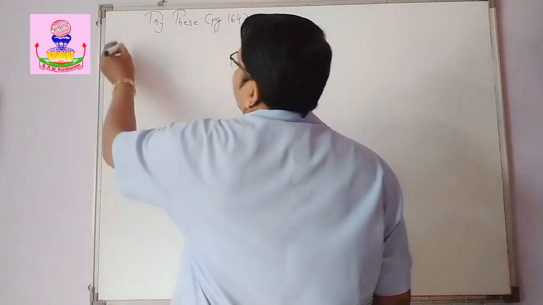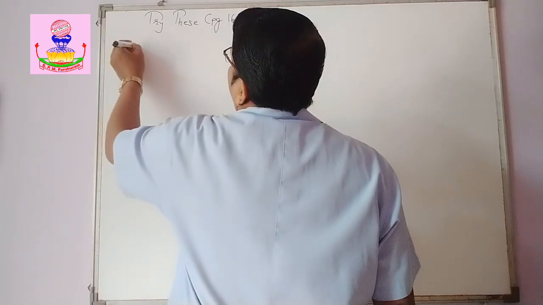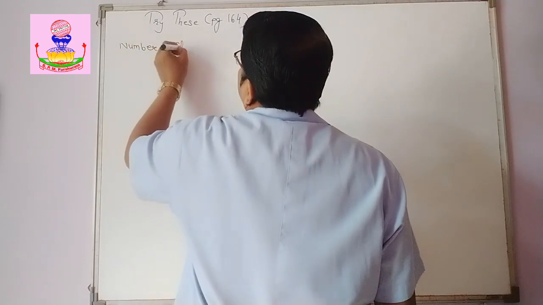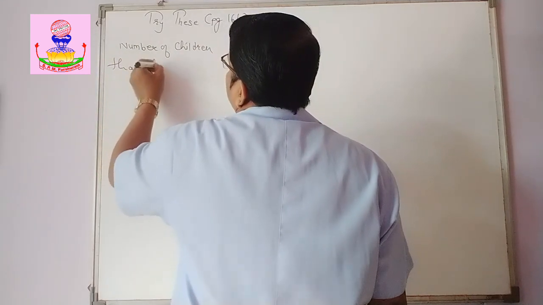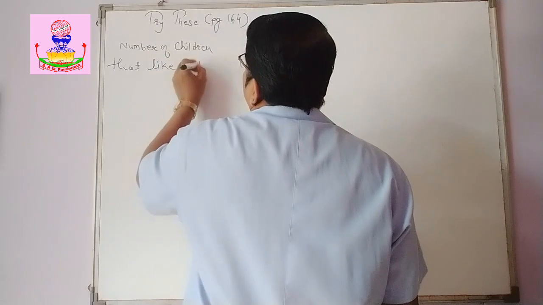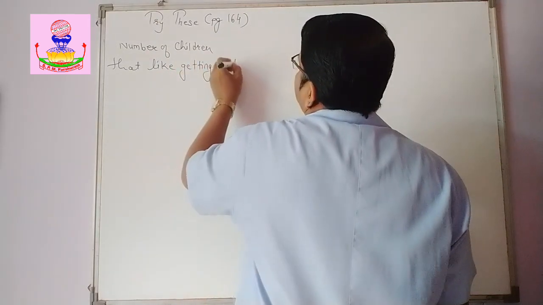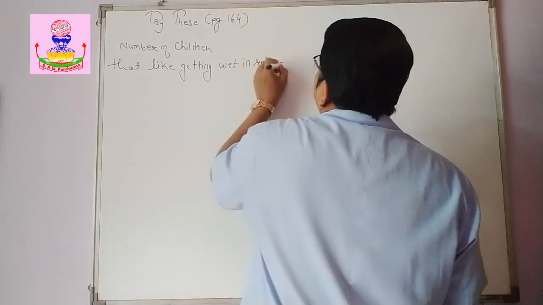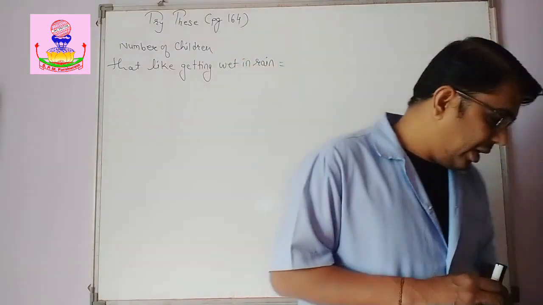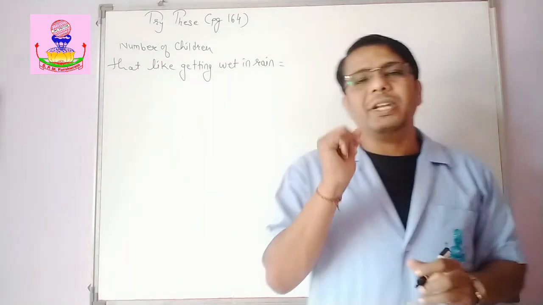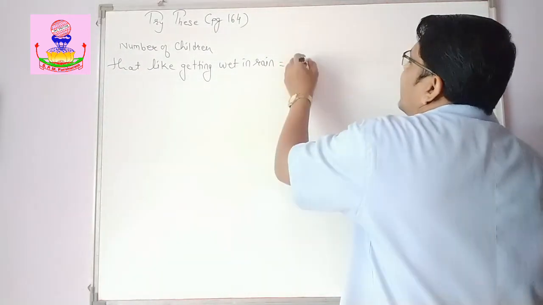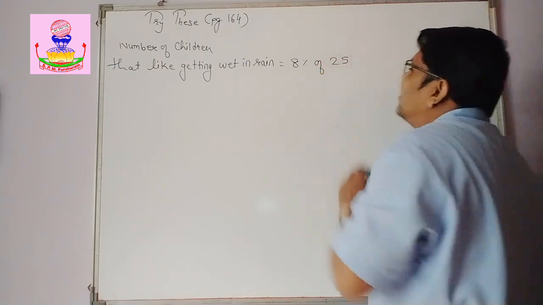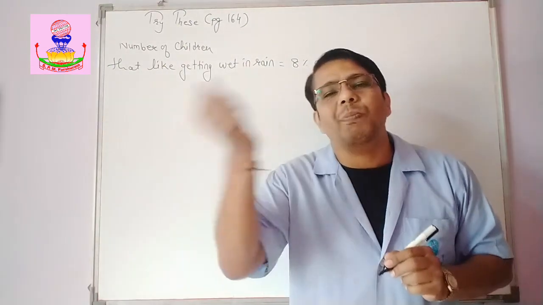So the number of children that like getting wet in rain is equal to, the statement is clear, 8% of the children of a class of 25. So total number of children is 25. Out of that 8%, so how many are they? 8% of 25.